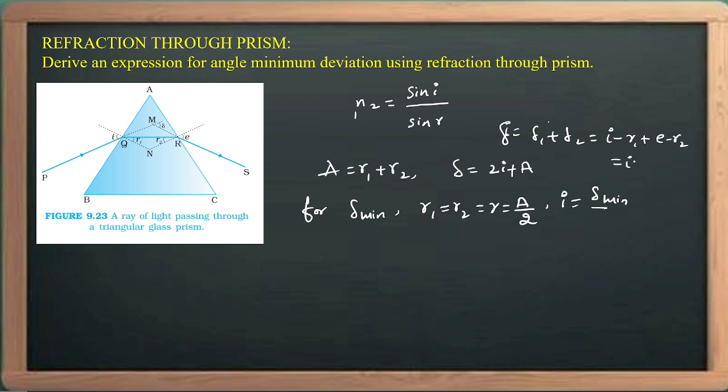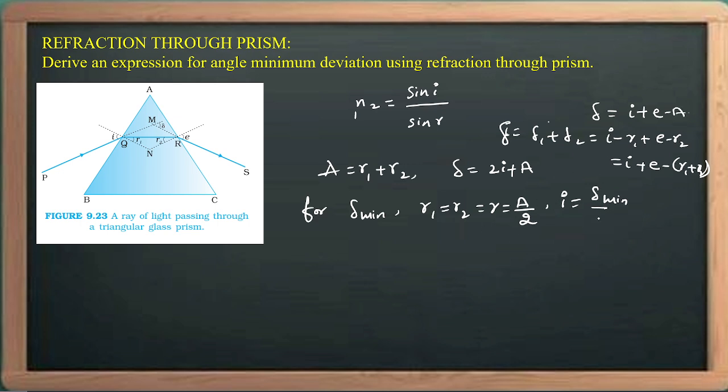So you get delta is equal to I plus E minus (R1 plus R2), that is delta is equal to I plus E minus A.